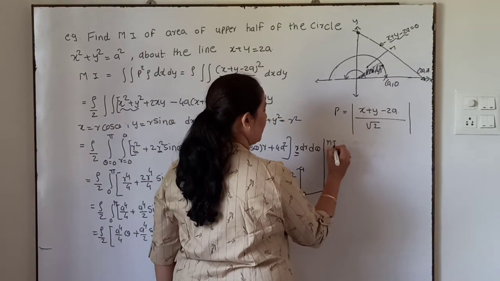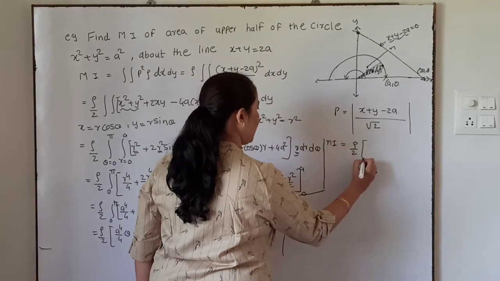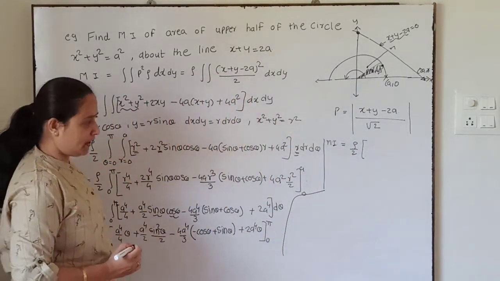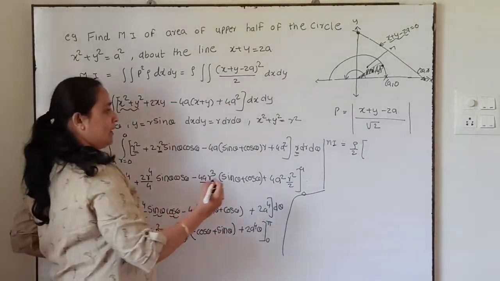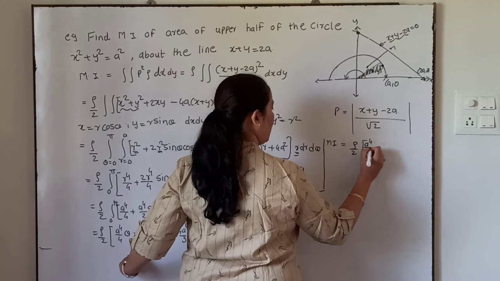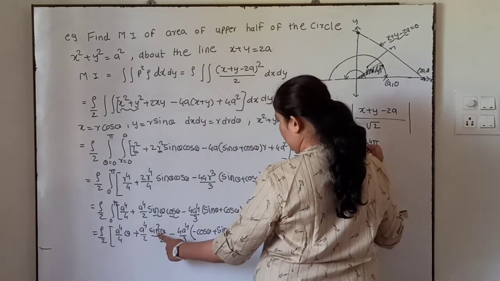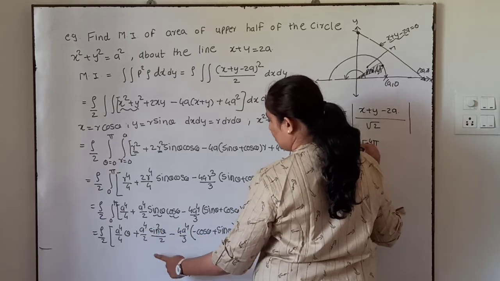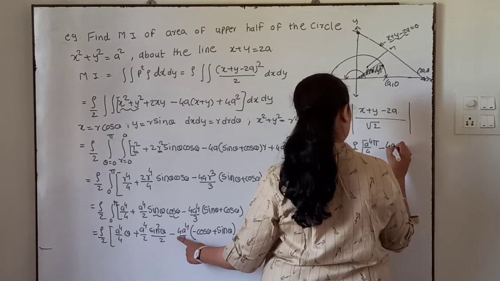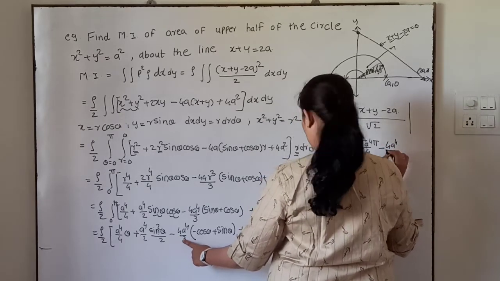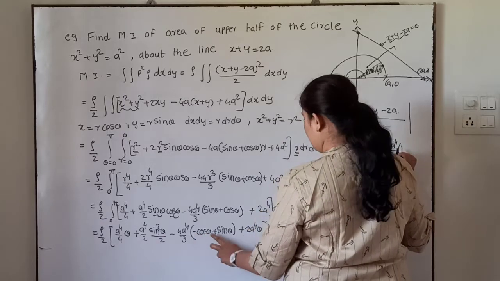Applying limits from 0 to pi, we get the moment of inertia equal to rho by 2 in bracket. If I apply theta equal to pi, it is a raised to 4 upon 4 into pi. Sin pi is 0, sin 0 is 0, so this term will be 0. Minus 4 a raised to 4 upon 3: cos pi is minus 1, so minus minus plus 1, sin pi is 0.